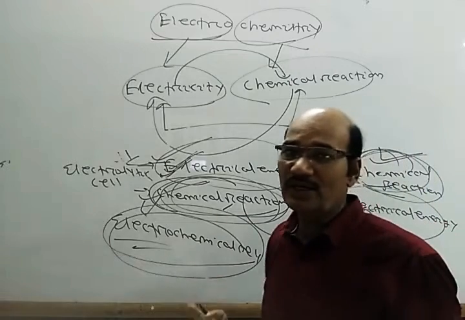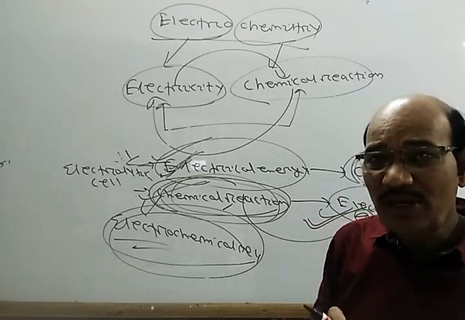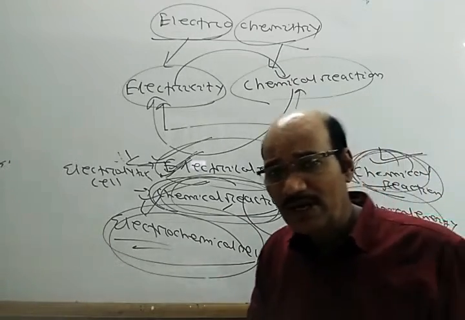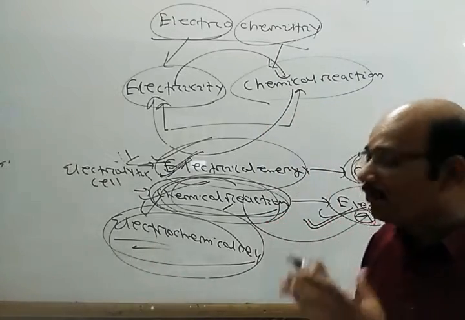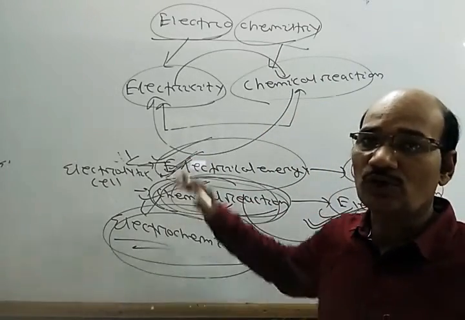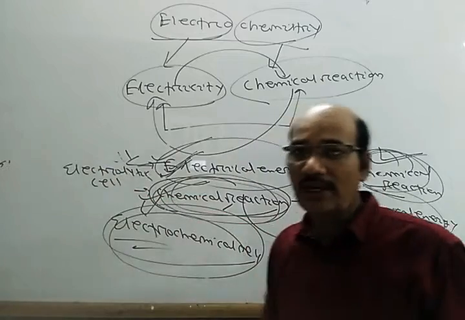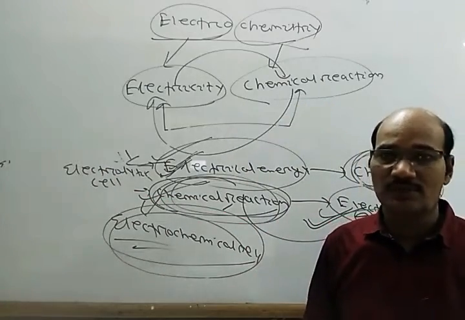So in this chapter we will discuss one by one all the factors based on these two, the electrochemical cell and the electrolytic cell.